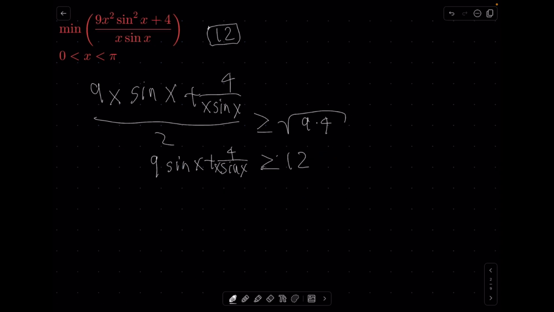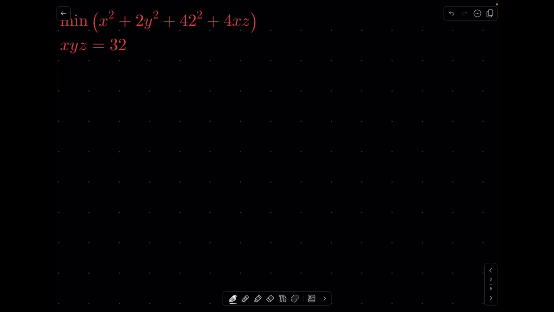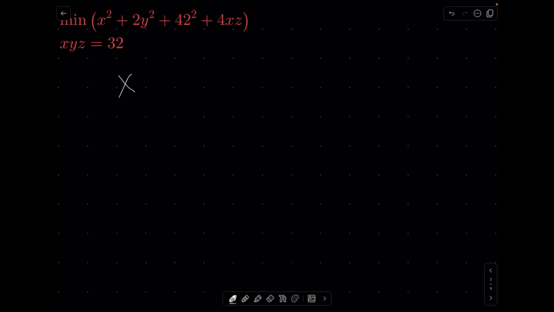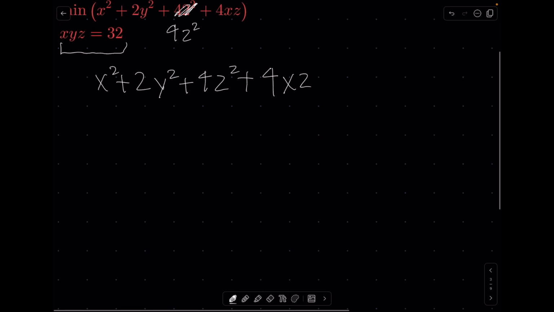So I'm going to be seeing a similar problem here from the British Math Olympiad from the year 2000. So we have the minimum of this expression, and does that say 42? I think that's supposed to say 4z squared, sorry. So let's just rewrite it. x squared plus 2y squared plus 4z squared plus 4xz, and we're given the condition that xyz is equal to 32, so that'll be helpful for later.